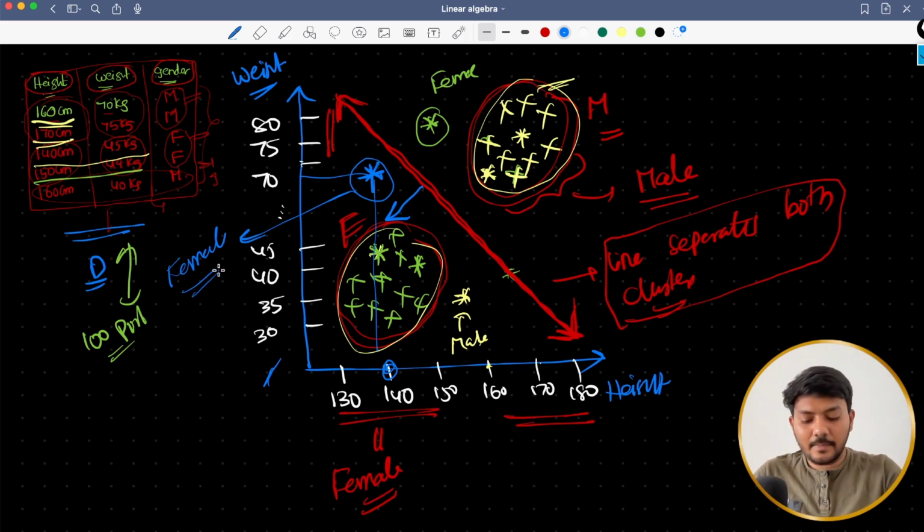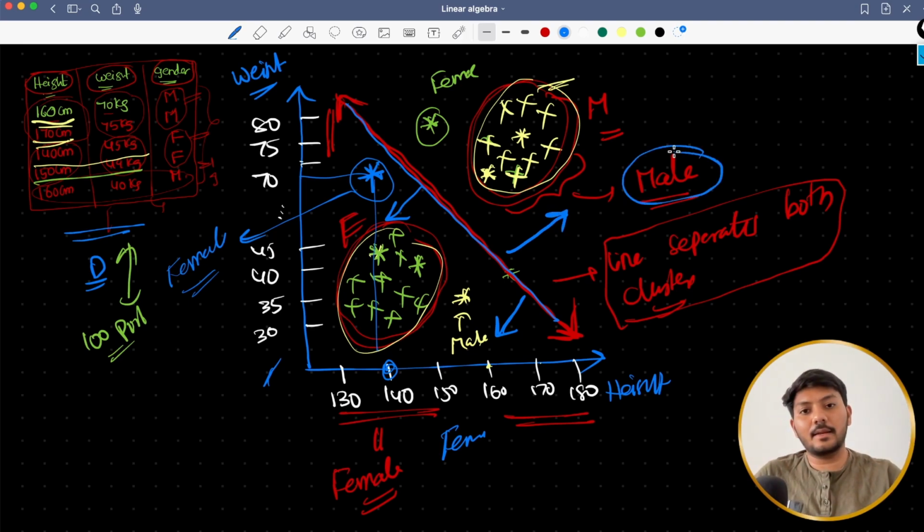So the rule is, once I draw this line, all the points that fall on this side of the line are under female, and all the points that are on the other side of the line are under male. So given any new point, let's say here, because this point is on the other side of the line, I will classify it as male.